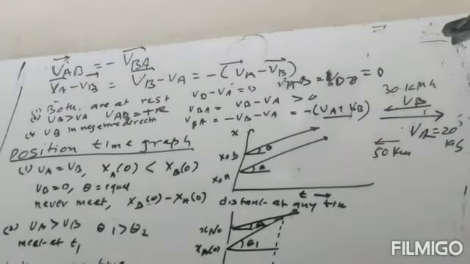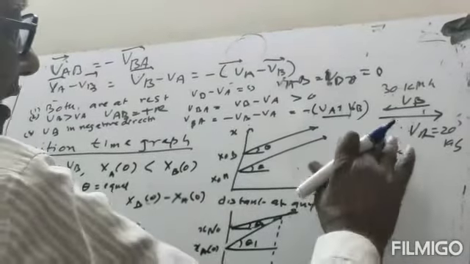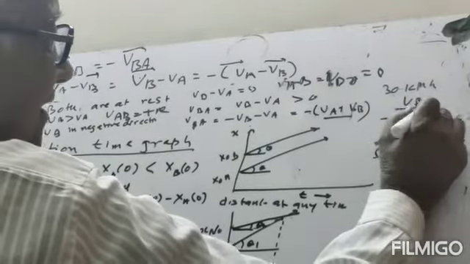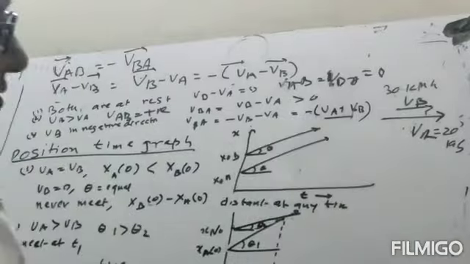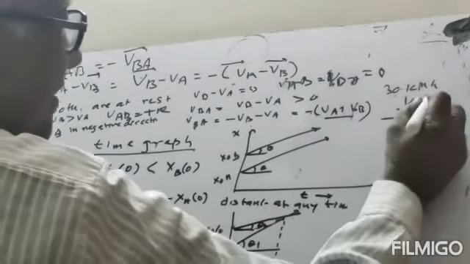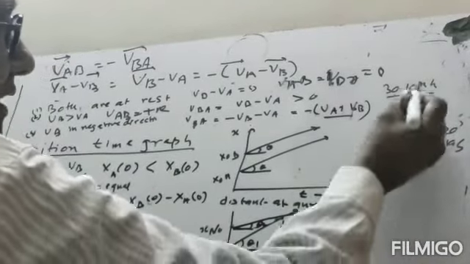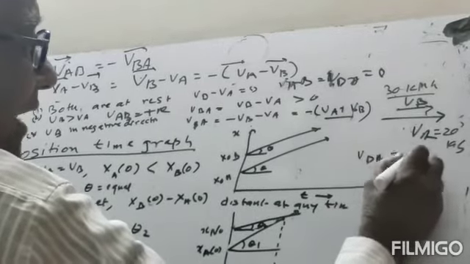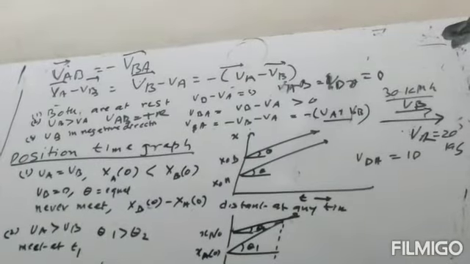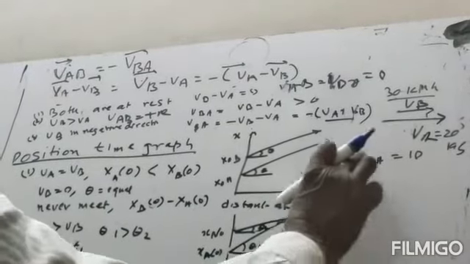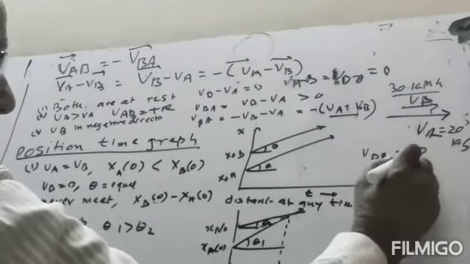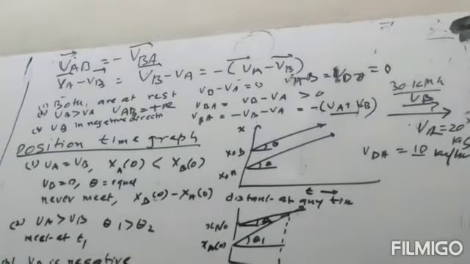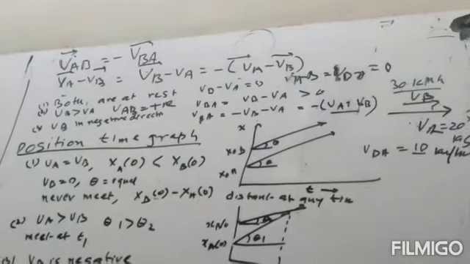And if they are in the same direction, then this is 20, this is 30. So here VBA is equal to 10, means the velocity of B measured by A is 10 km per hour. So in this way we can find the relative velocity.